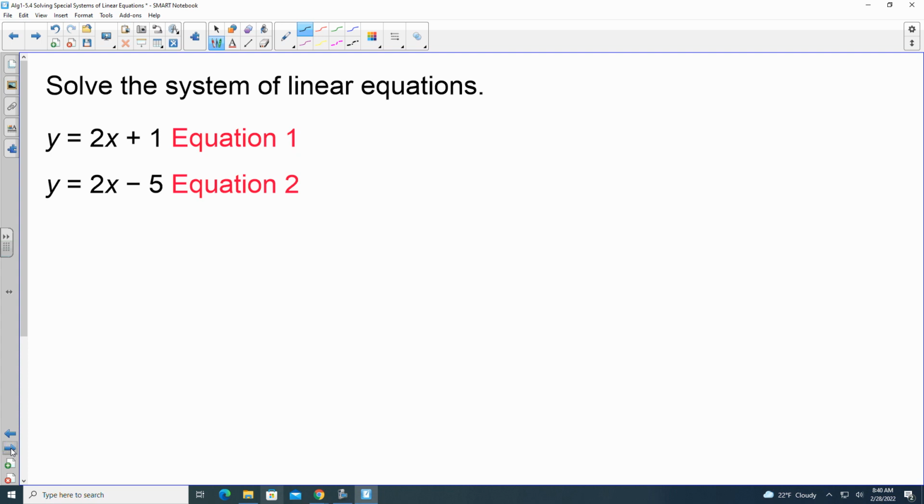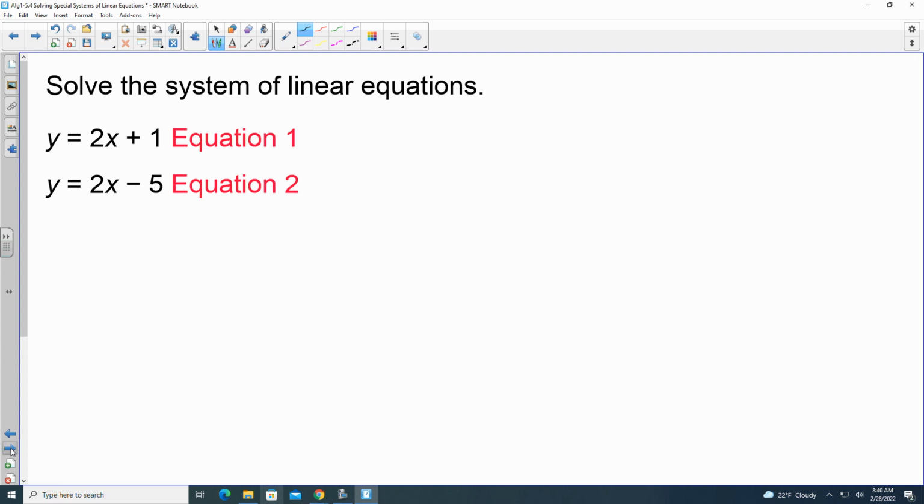In this section here, it says solve the system of linear equations. So we can solve it however we want. My suggestion is to solve it algebraically, either through substitution or elimination.